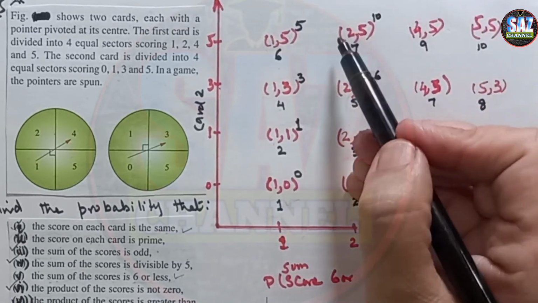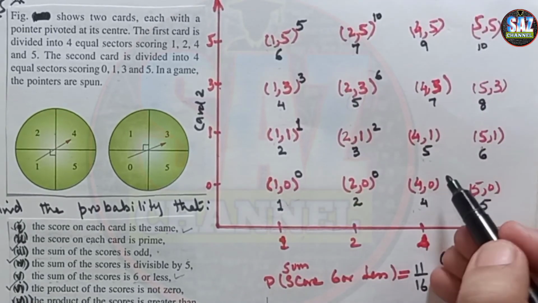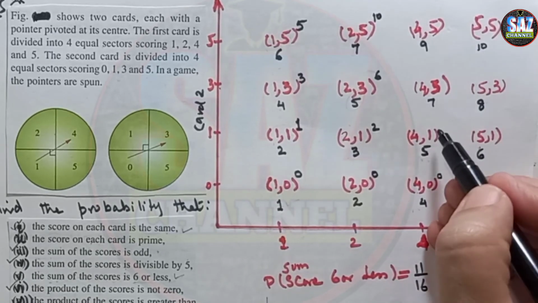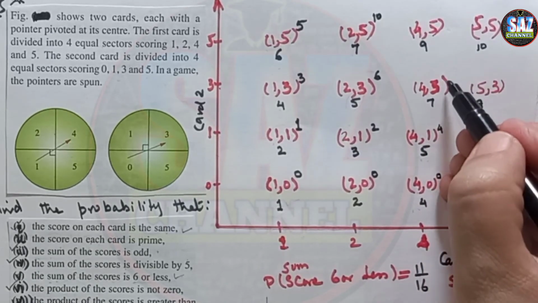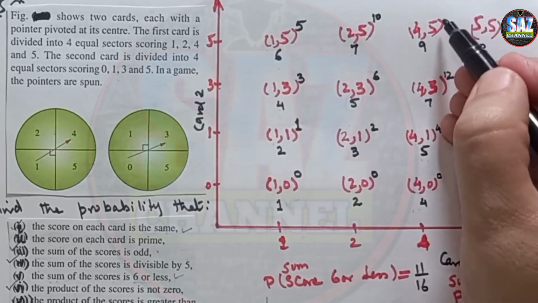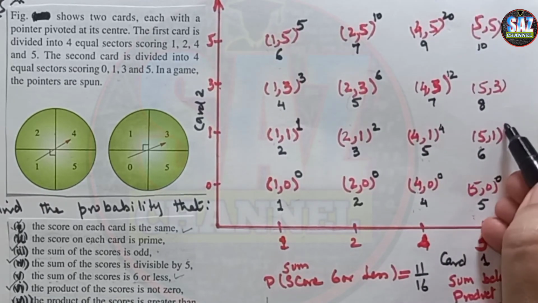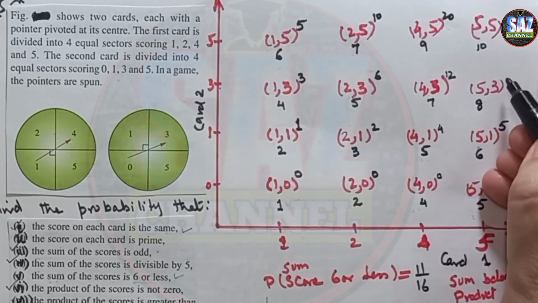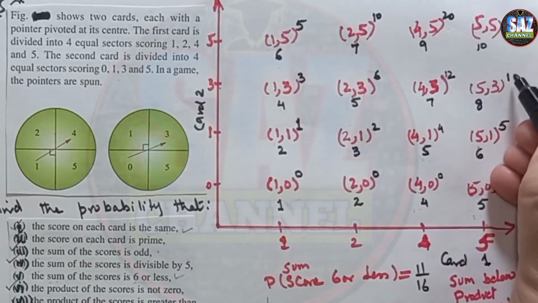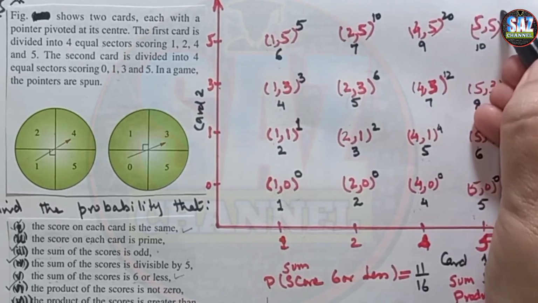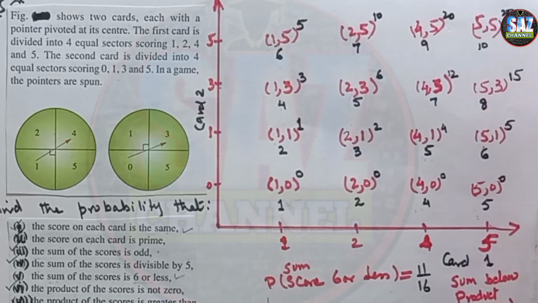We are just multiplying these two numbers. This is 0, this is 4, this is 12, and this is 20. This is 0, this is 5, and 15 and 25.